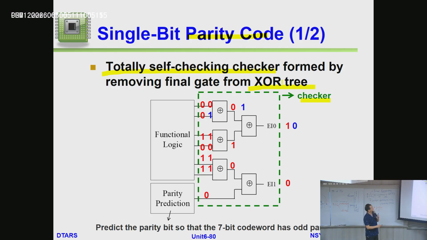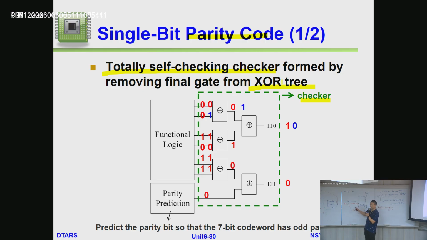Okay, so this is one very famous idea, the single bit parity code. And if we have these parity bits, remember for this one, encode. What is the encode process of this mechanism? The encode mechanism is 0 0 1 0 1 1, the functional output, plus this parity output.